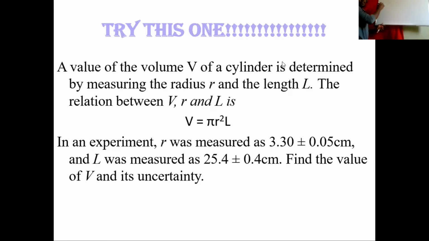And it gives us that R is 3.30 plus or minus 0.05 centimeters. It gives us that L is 25.4 plus or minus 0.4 centimeters, right? And we need to find what V and delta V are.